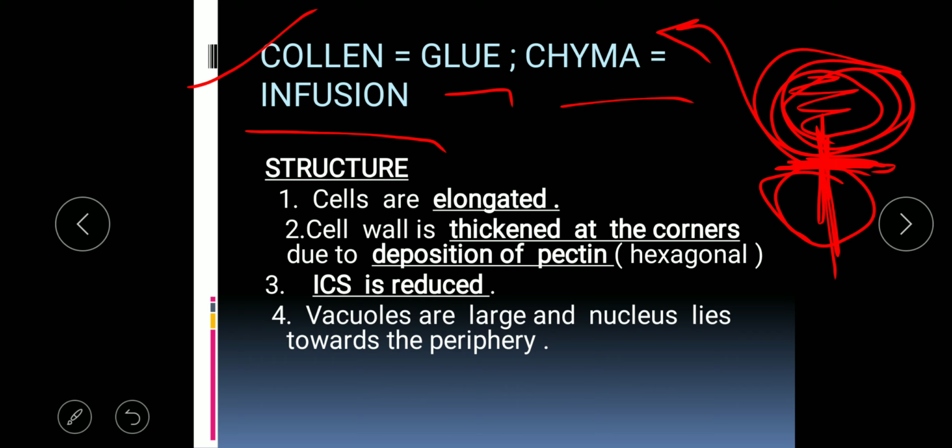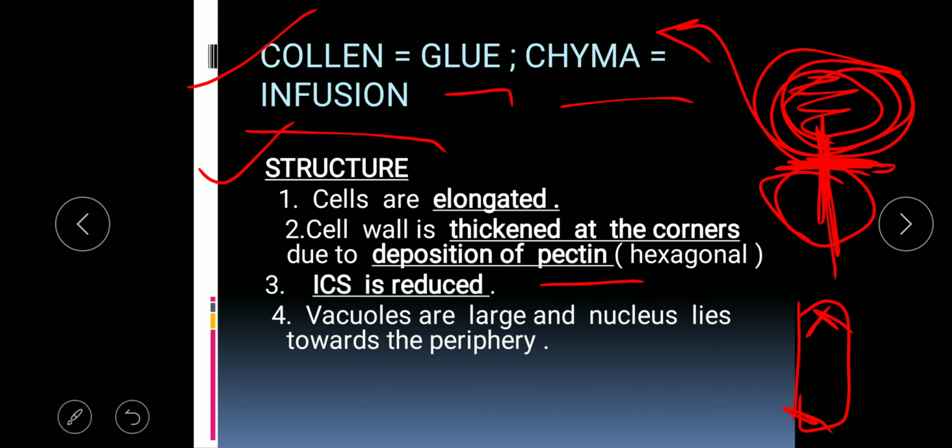And what is the glue over here? That is the pectin. So let's start with the structural features of collenchyma. Here the cells are elongated. If you see the lateral view of this tissue, the cells are elongated in nature. And the cell wall is thickened at the corners.